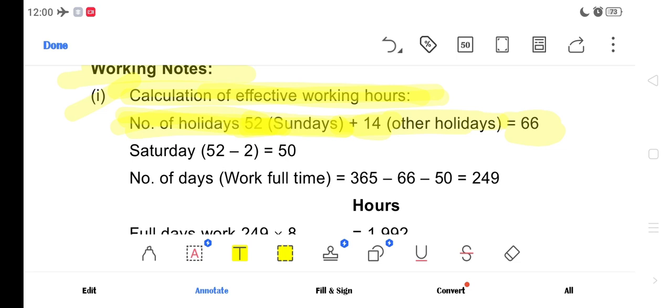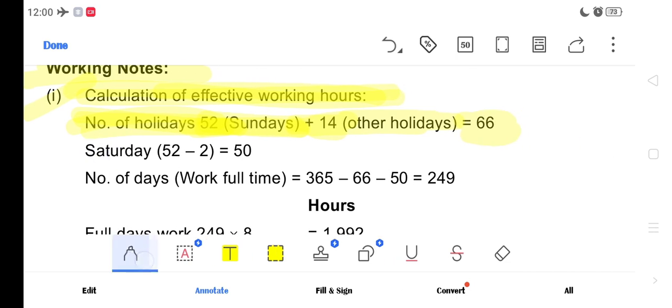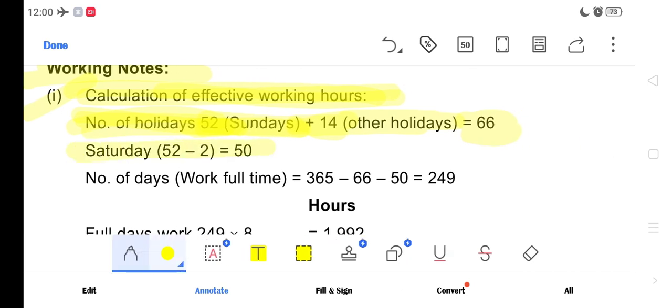Now we are going to calculate how many Saturdays are there. For what purpose? Because on Saturdays, he says, there are only 4 working hours. So we have to find out how many Saturdays. Sundays are 52, no? Then why Saturdays 50?